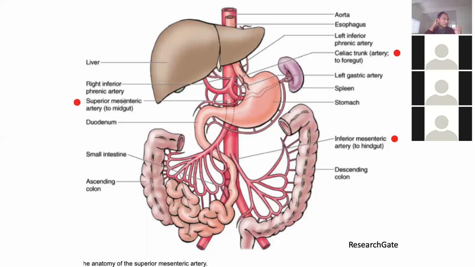Now these three arteries come out from the anterior surface of the abdomen. The upper one goes to the upper part of the abdomen, the middle one to the middle part of the abdomen, and the lower one to the lower abdominal structures. So it is so easy to remember.